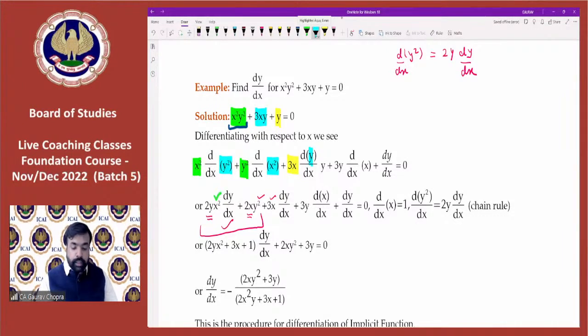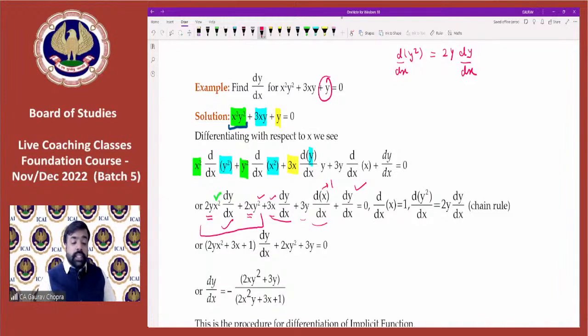So 3x as it is, and for y it becomes dy by dx. Then y as it is, and for 3x it becomes 3, so 3y. And for the last term y it will be dy by dx.